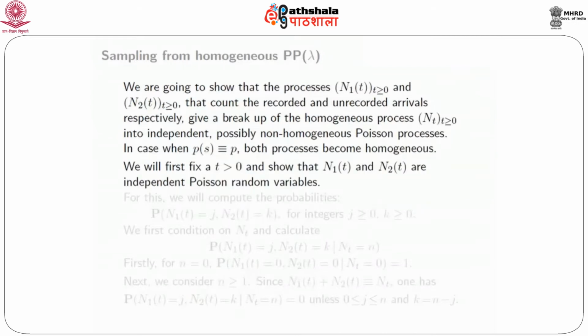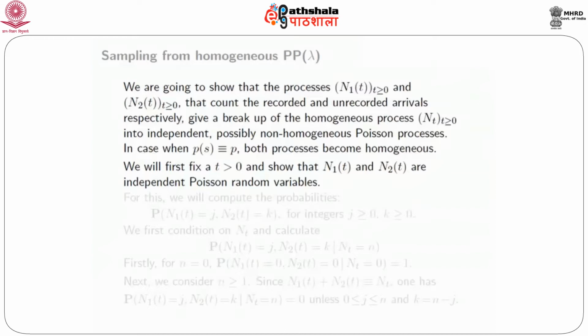both processes become homogeneous. Let us first fix a t positive and show that N1(t) and N2(t) are independent Poisson random variables. So for this, we will compute the probability that N1(t) equals j, N2(t) equals k for non-negative integers j and k.